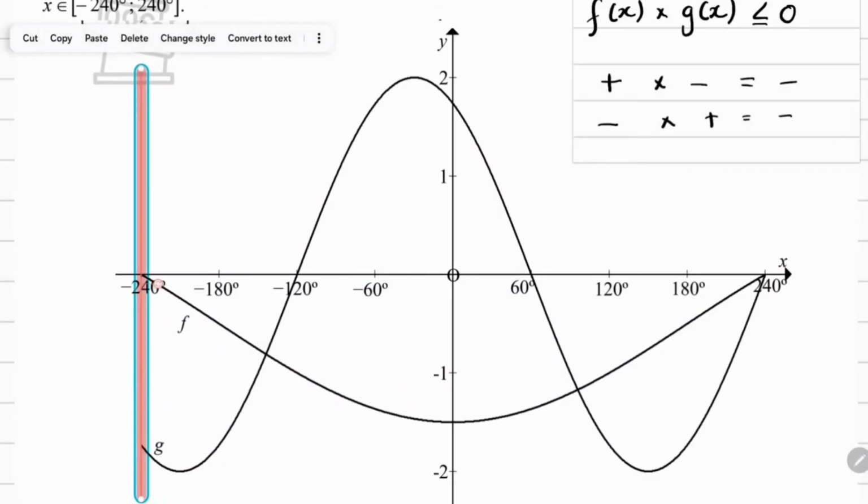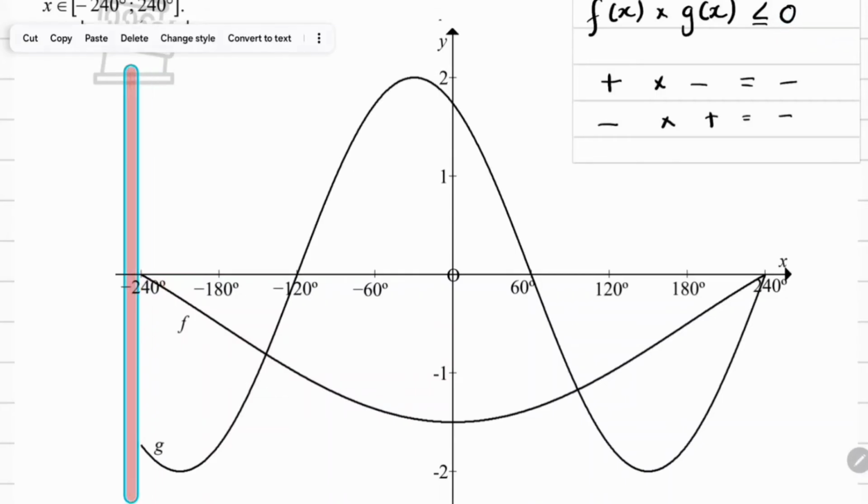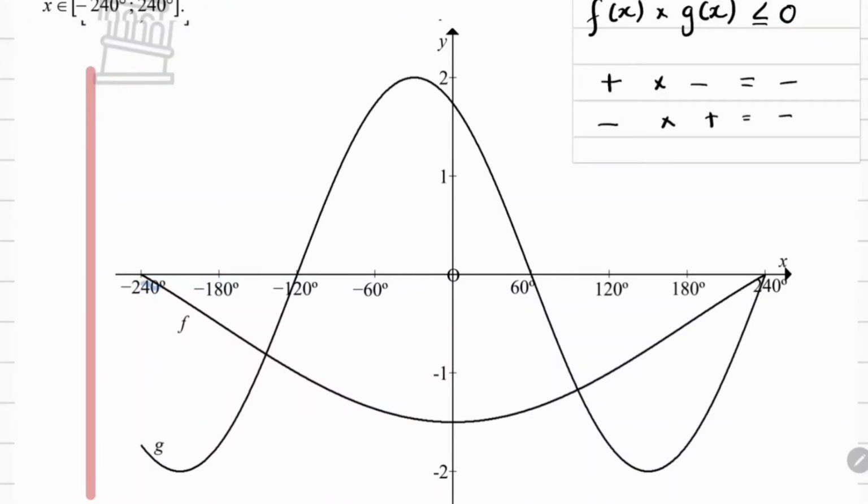At -240 degrees, the y value of f is 0, and at g, the y value is some negative number. If you take 0 times the negative number, it will give you 0, which is one of the requirements we want. So we'll definitely take that. I'll put a mark there so I know I'm going to take that.